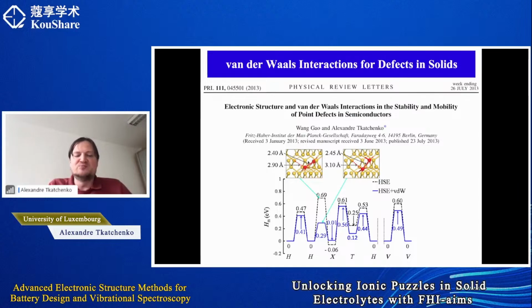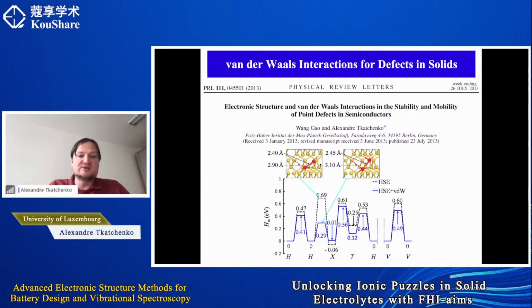This is simple silicon bulk, and silicon has 4 natural defects that are experimentally known. It has 3 different geometries for interstitials, so-called H, X, and T interstitials, and a vacancy. And in this work, we looked at how van der Waals interactions actually contribute to the properties, the stability, and the mobility of point defects in simple semiconductors.